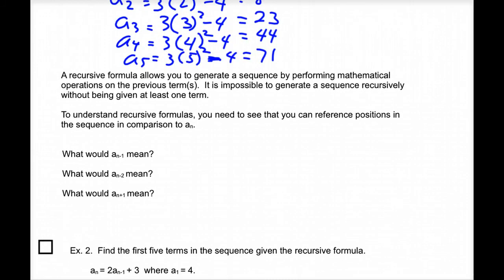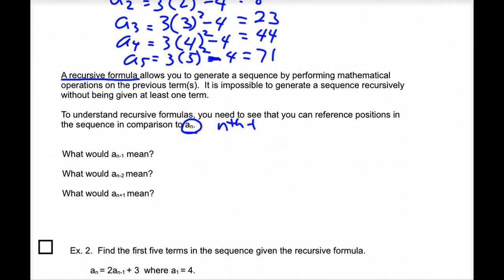Recursive is different. In order to run with a recursive formula, you need to know a number and then you build off that number. If I don't give you a number, you can't do anything recursively. So recursive is like you're going backwards to come up with an answer. In order to understand recursive, you need to understand that a sub n is the nth term.